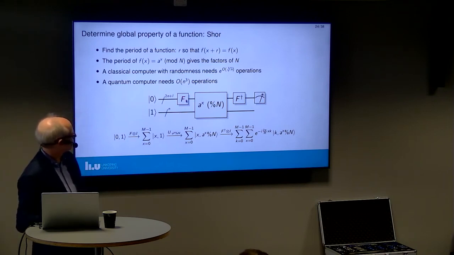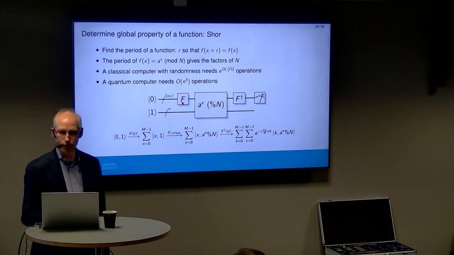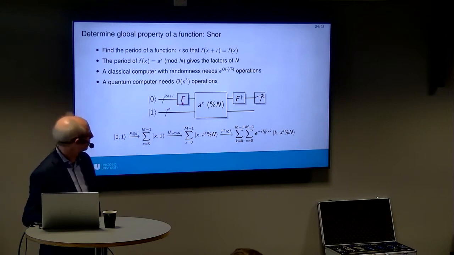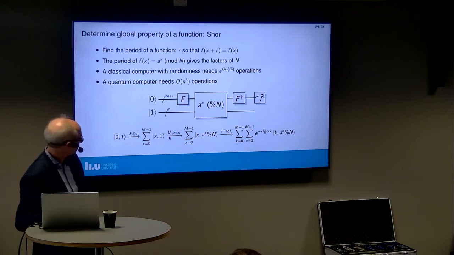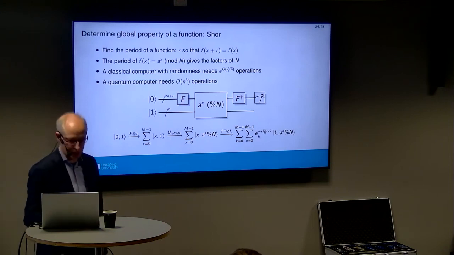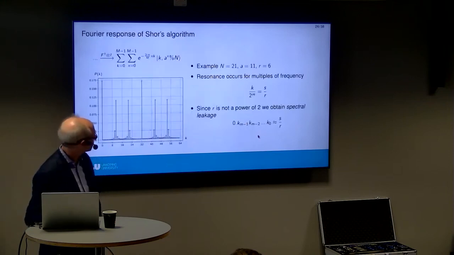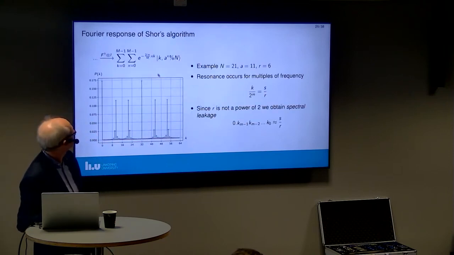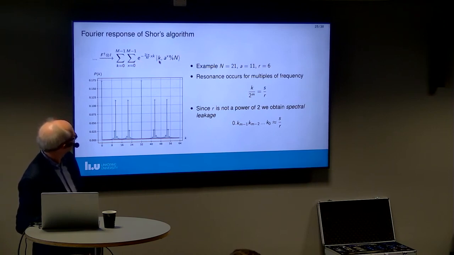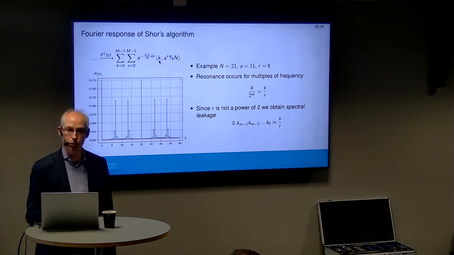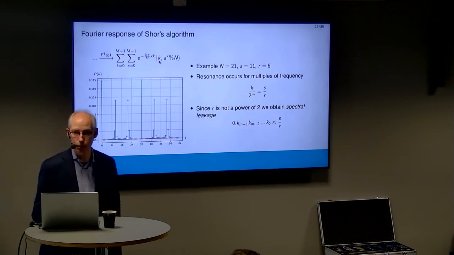Here you use not the Hadamard, but the actual Fourier transform, discrete Fourier transform. So the Fourier transform and its inverse, and the calculation again looks pretty horrid. Let me just tell you what the result is. At the end here you will have an expression involving k, which is what you measure, the number k.